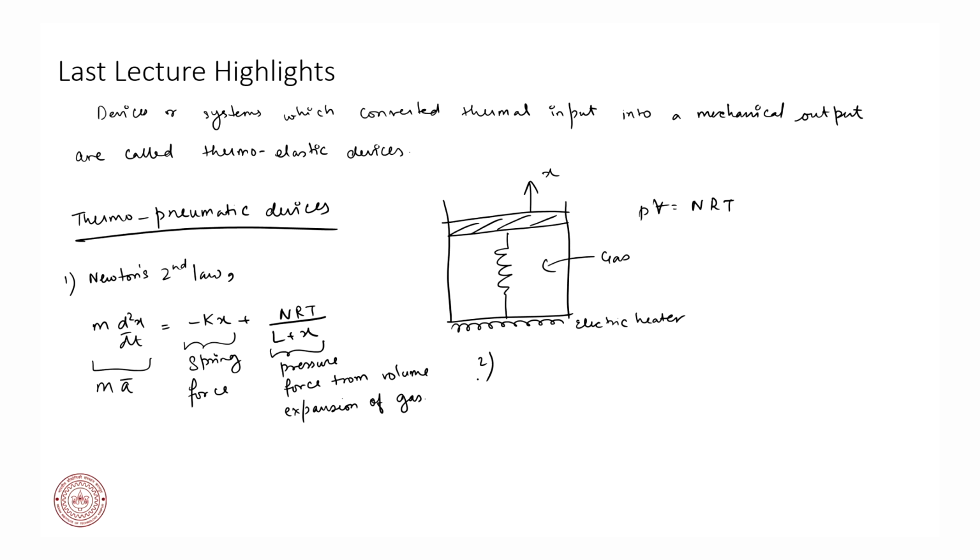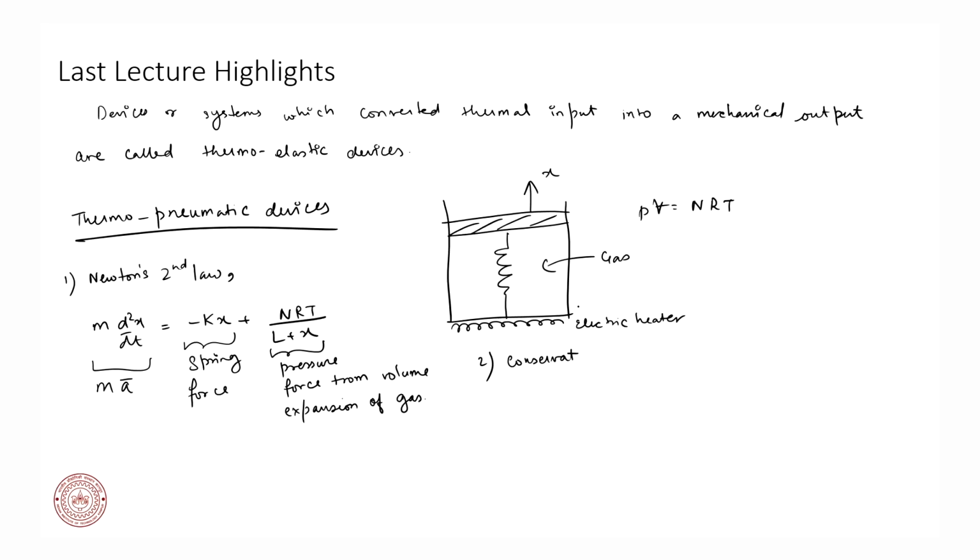The second set of equations was formed on the conservation of energy. From the conservation of energy, we found out that the net heat being stored in the gas is equal to the heat being input and the heat being dissipated. The heat being input is through convection, that is minus hA(T minus TH). TH is the temperature of this hot plate, and T is the temperature of the gas, and then the heat is being given out in the form of the pressure change and the expansion of the piston.